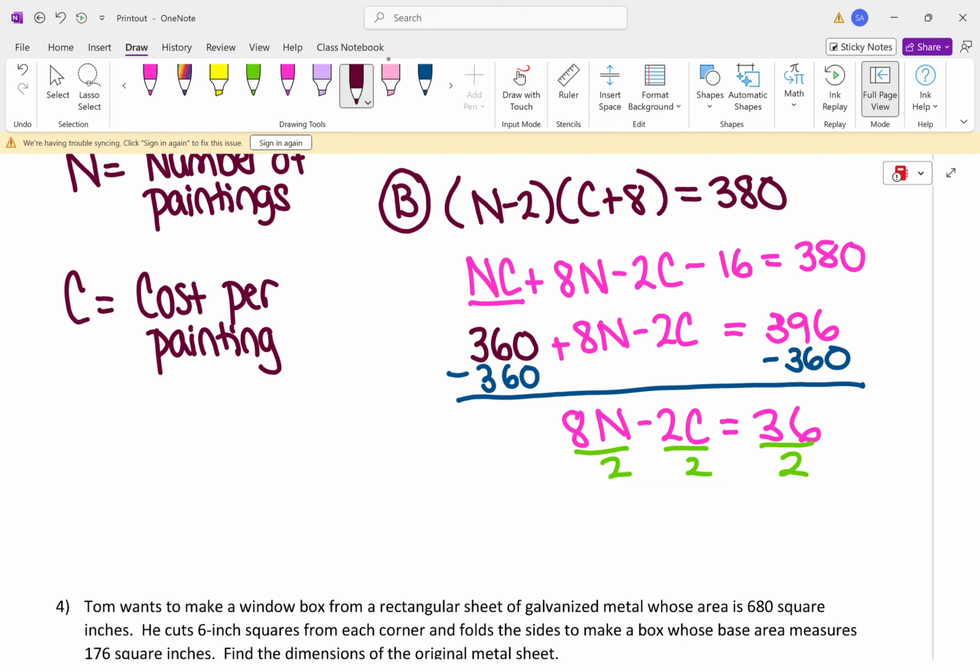Wait, how did the 360 come in the second equation? Because she subbed it in because 4N minus C equals 18. Okay. This is as far as I can simplify, right? I still can't solve this because I'm still dealing with 2 variables.